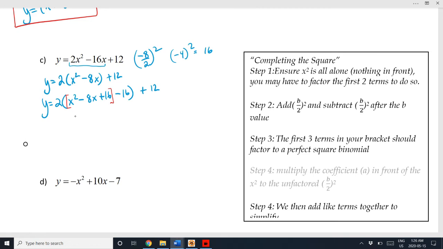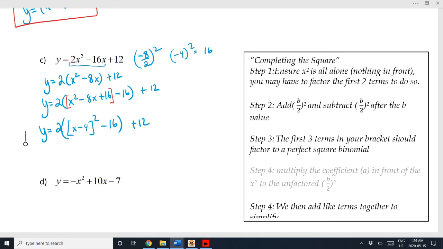Or negative 4, negative 4. The b is negative. So we're going to get within our square brackets here (x − 4)², but we still have the 2 on the outside, and we still have this negative 16 within this bracket here.